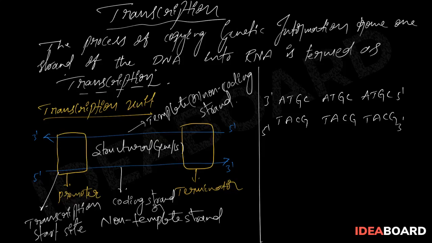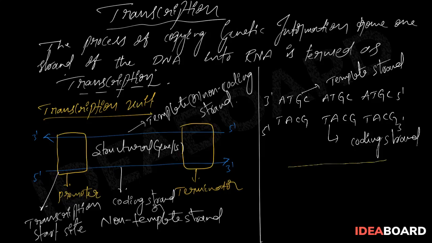This is what we can call the template strand, and this is the coding strand, and from this mRNA is synthesized. Polymerization always takes place from 5' to 3' in both kinds of nucleic acid, whether DNA or RNA.